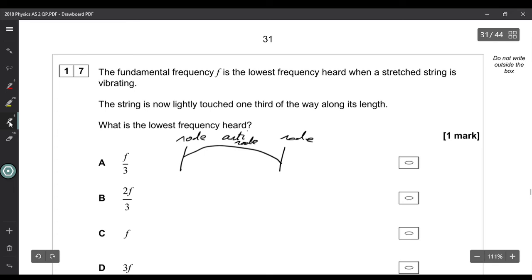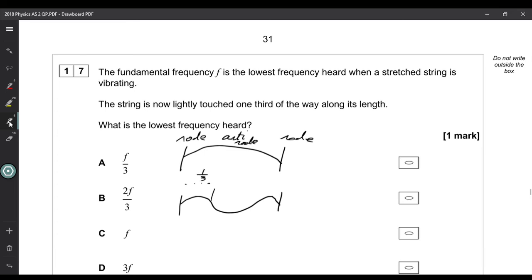Now, if we touch a third along, it's going to look like this, where this is a third. So now it's going to vibrate like that.